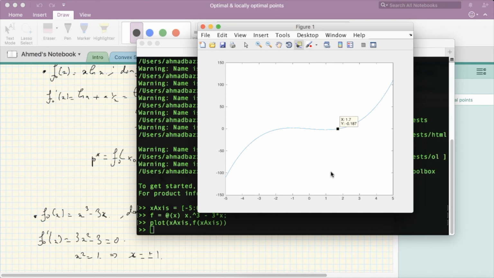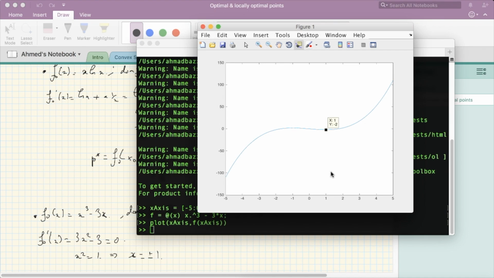So if I take a look at x equal to 1, it's doing better than some points. At least it's doing better than all the points to the right, and some of the points to the left, until we reach somewhere here, because f at 1 would give me minus 2. So all points lower than minus 2 are doing better than x equal to 1. So what does that mean?